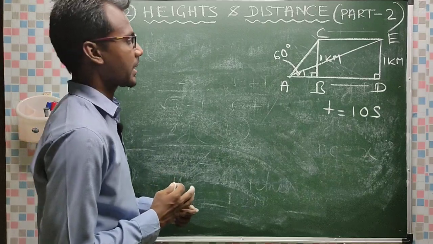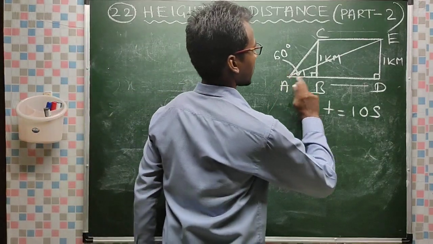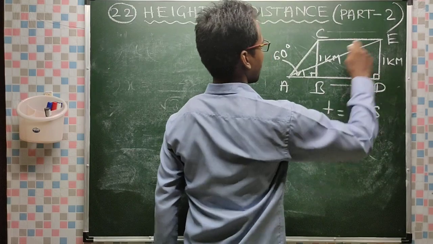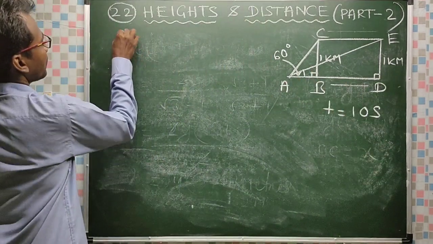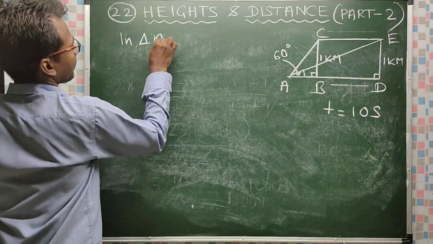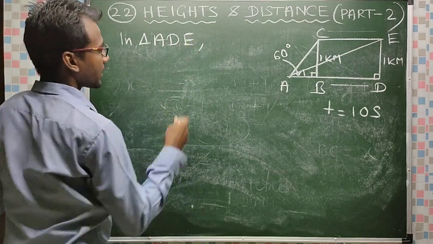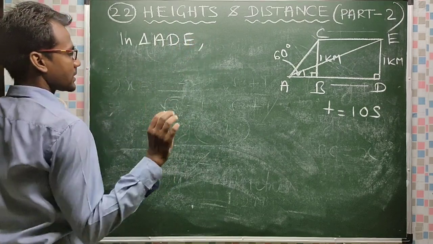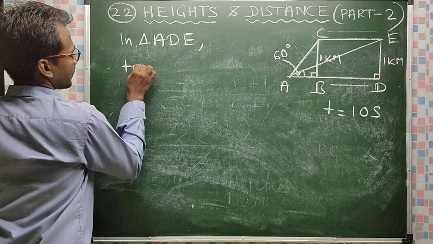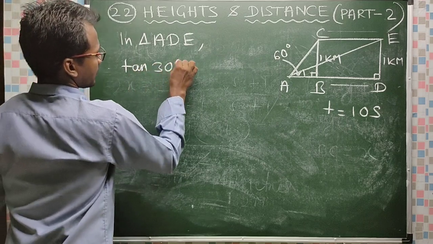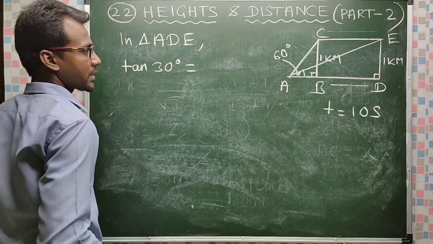First, let us target AD. So we have to take the angle ADE, big triangle. Okay. In triangle ADE, angle is 30 degree. Tan 30 degree is equal to perpendicular by base.